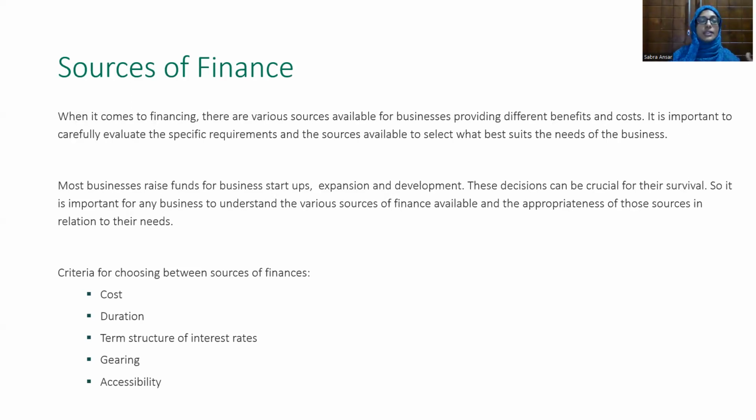Now let's look at the criteria for choosing between the sources of finance. When an organization is trying to figure out which source of finance is most suited for a particular need, they need to look at the cost of the source of finance, the duration, the term structure of the interest rates at that time, and the gearing of the organization.